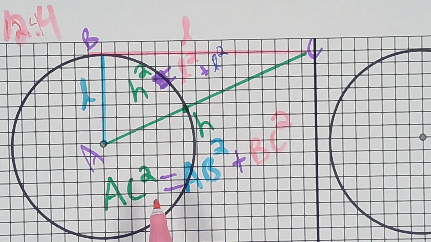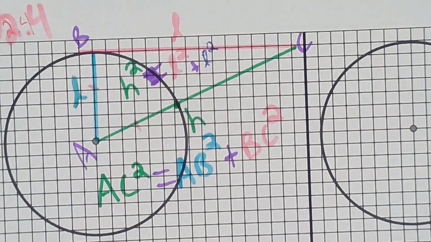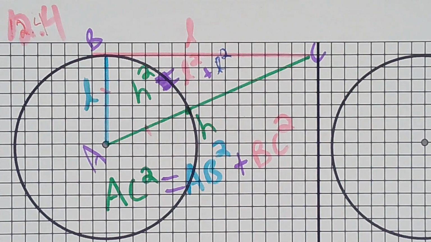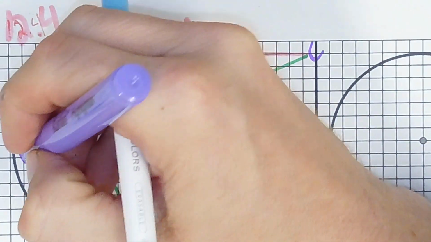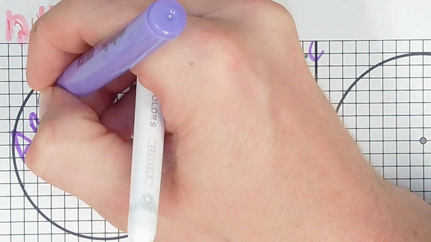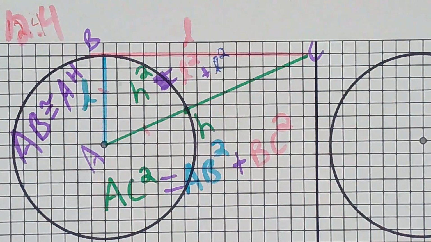And recognize that this and this are congruent because they're the same length. So if they give you AB, you know AH, because AB is congruent to AH, since they're both radii.